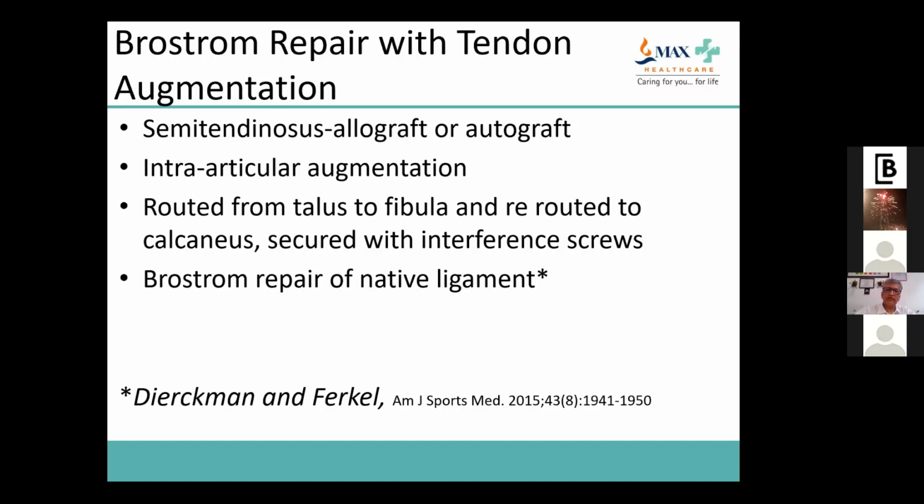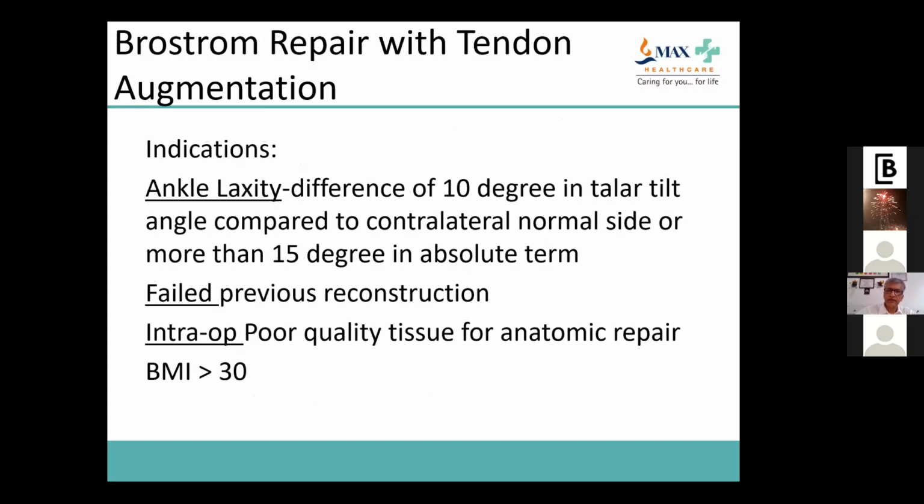This was described by Dierckman and Ferkel in 2015, and the indications they quote for this are severe ankle laxity, such as a difference of 10 degrees in talar tilt on inversion compared to the contralateral side, or a failed previous reconstruction, or when we have a patient who has very poor quality tissue for the anatomic repair, or a morbidly obese patient whose BMI is more than 30.